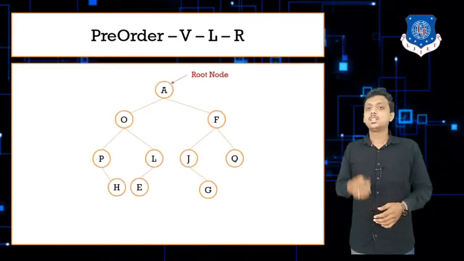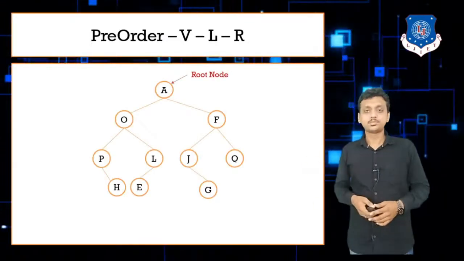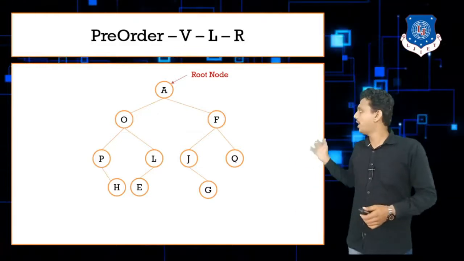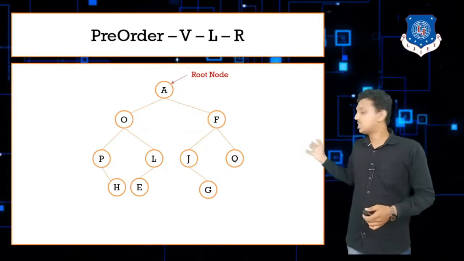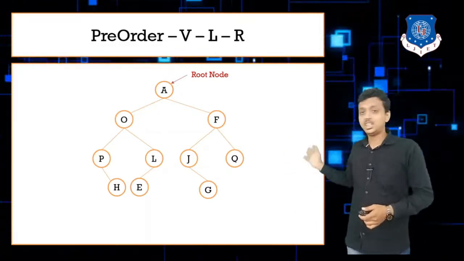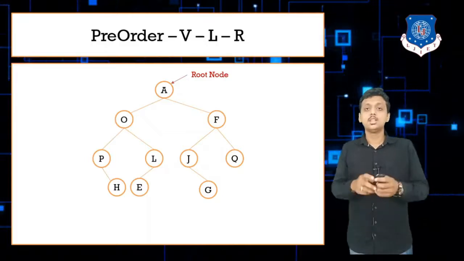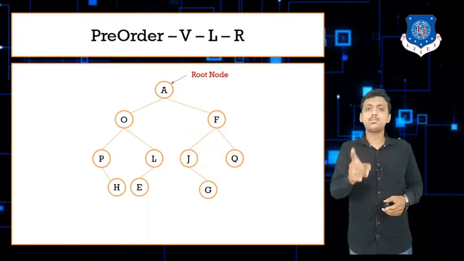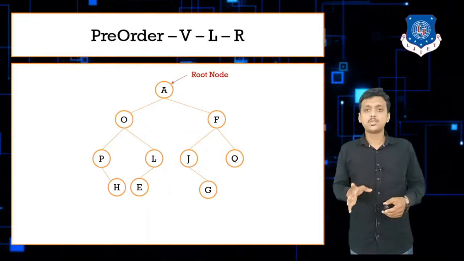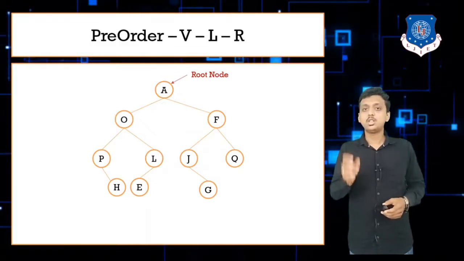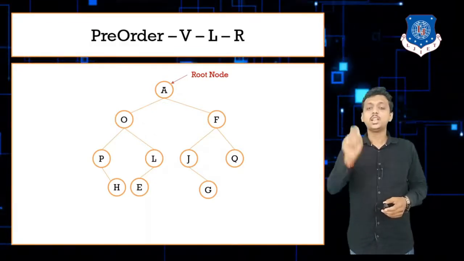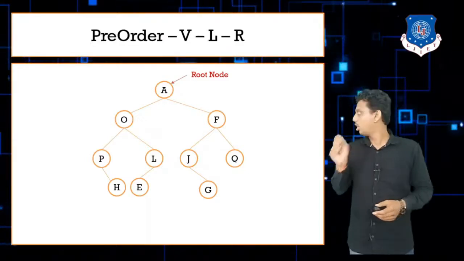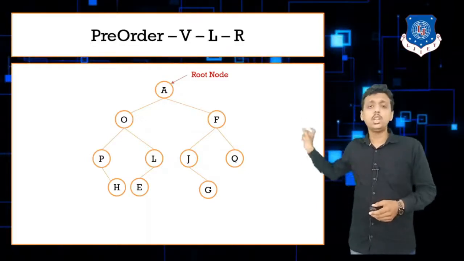So here this is the tree. It is the same as the previous examples: A, O, F, then P, L, J, G and H, E, Q. What is the very first step to start any traversal? You need to write VLR, LVR, or LRV above the nodes.